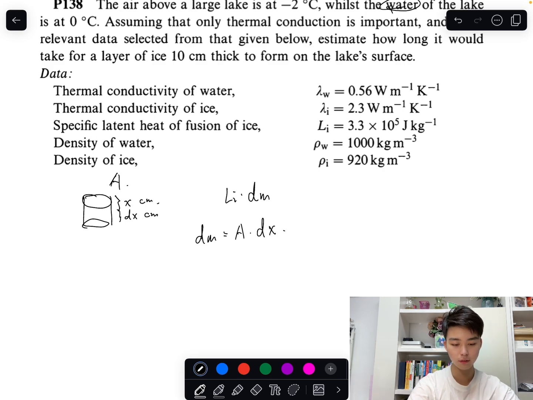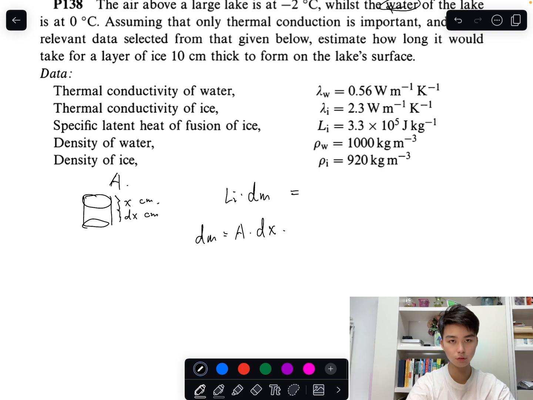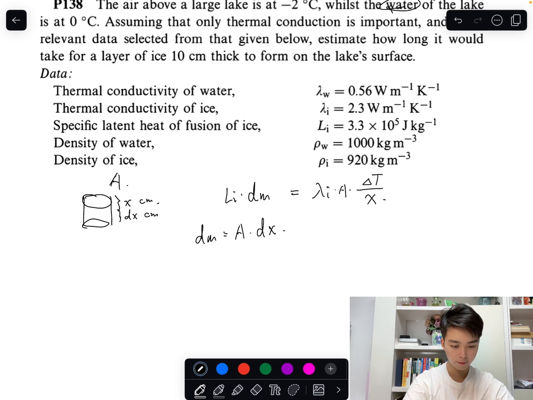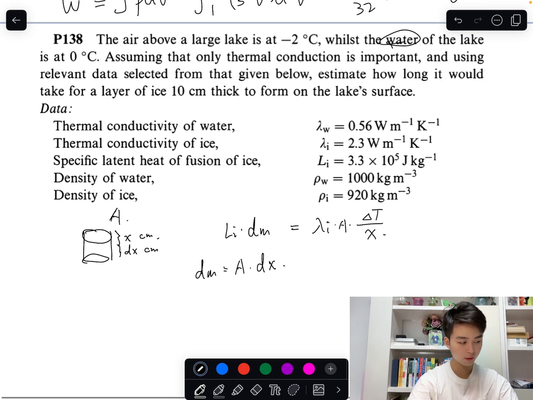So this should equal the heat transferred out, and that is according to Newton's heat formula. It is lambda I A times delta T over x.